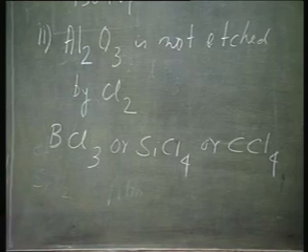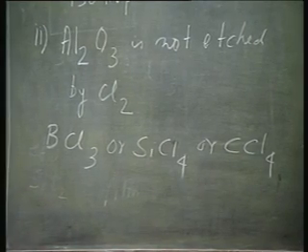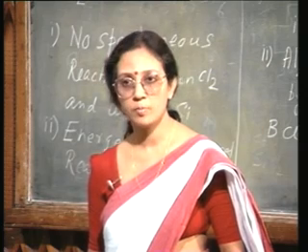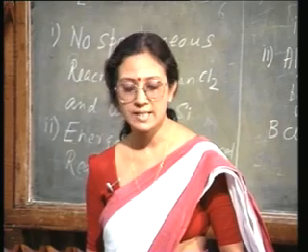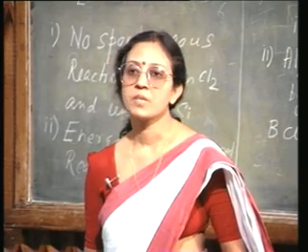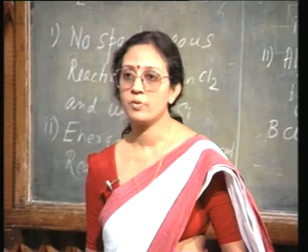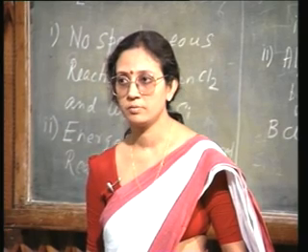They serve the dual purpose, that is, they etch the aluminium oxide as well as they form the inhibitor film to provide anisotropy.